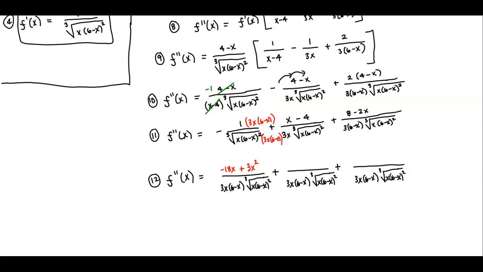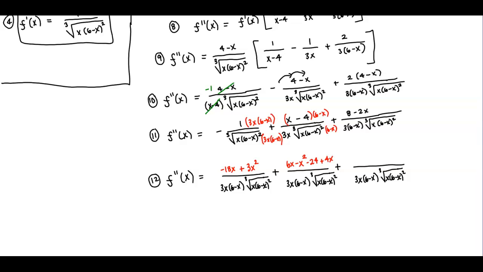Next, what's missing is 6 minus x. So we have to multiply (x minus 4) times (6 minus x). If we multiply that out, we get x times 6, so we have 6x minus x squared minus 24 plus 4x.